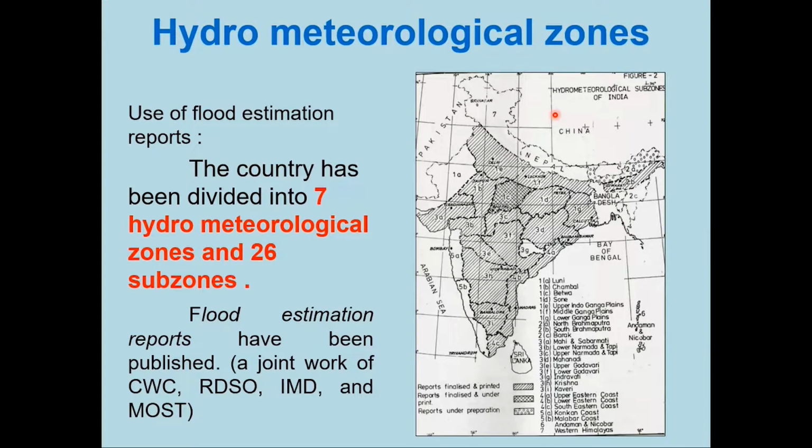Each subzone has a particular or similar type of reaction or output when there is rain on it. So these subzones have the same empirical equations related to the discharge and the rainfall intensity patterns.